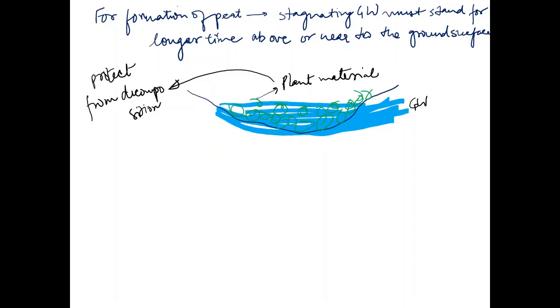So these conditions occur most frequently in the flat coastal areas where the seawater blocks the fresh water coming from land. This is the reason that most of the swamps are associated with the sea coast.